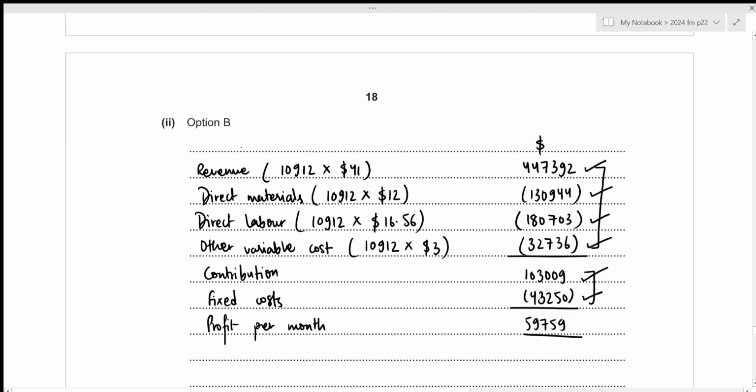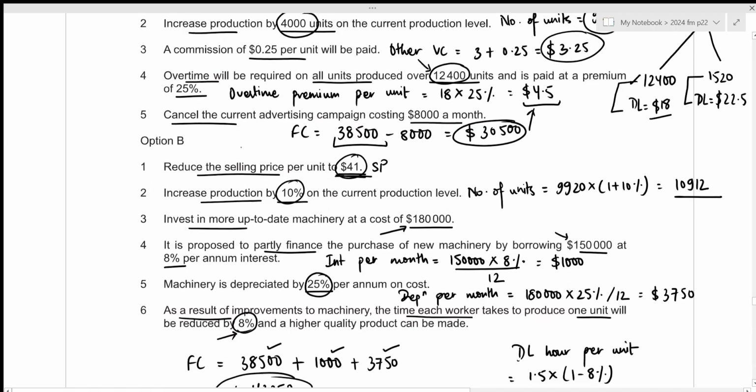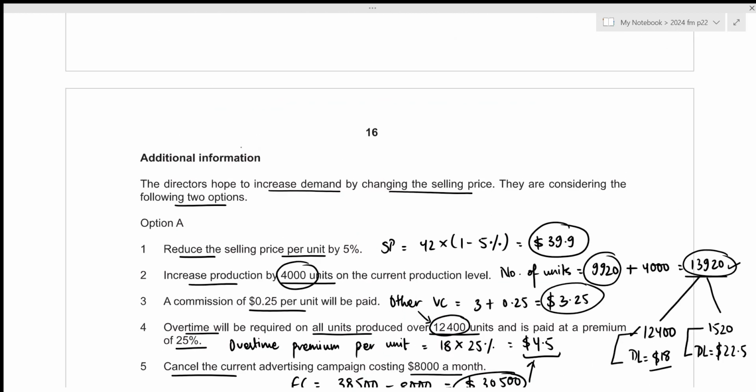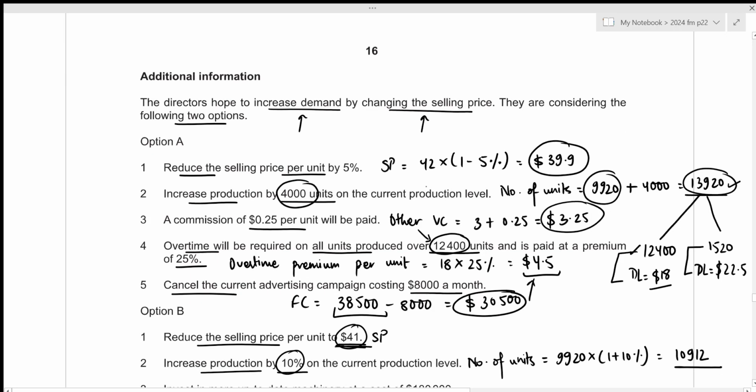So let's take a look at the given information. We are adopting these 2 options in order to increase the demand by changing the selling price. And for option A, we have now reduced the selling price to 39.9, whereas for option B, the selling price has only been reduced to 41.